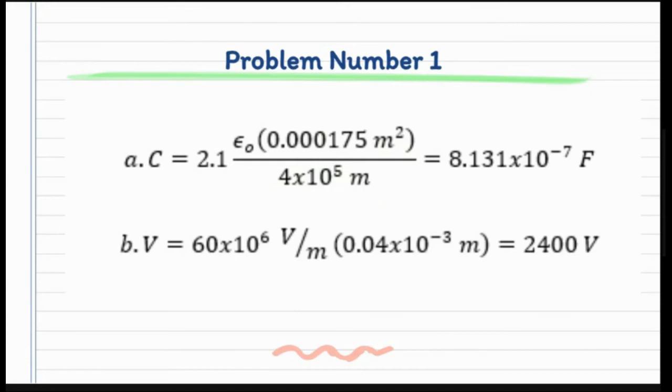I'm going to multiply it by 0.000175 times the dielectric constant of Teflon, divided by 4 times 10 to the negative 5. Why is it negative? Because it's from millimeter.